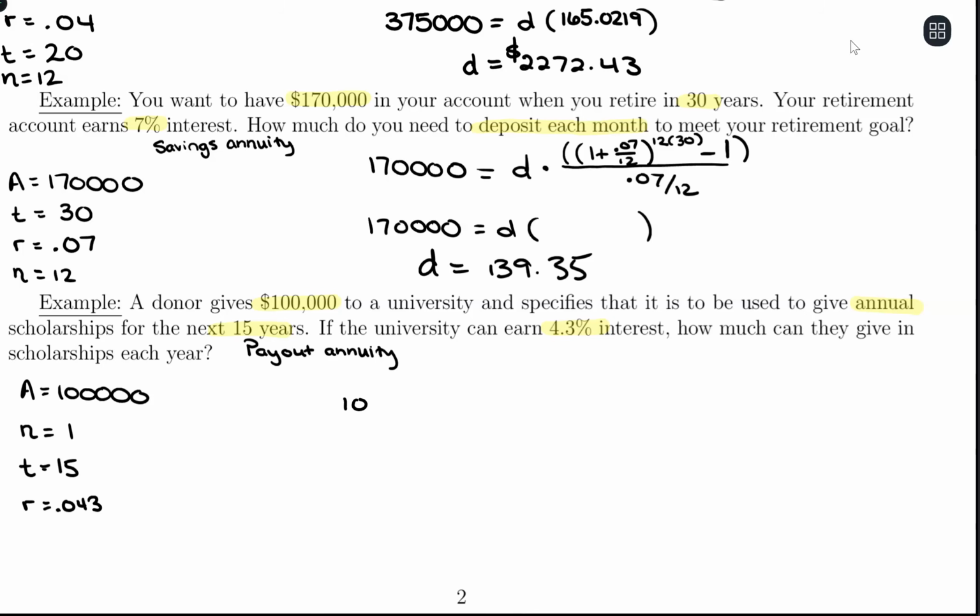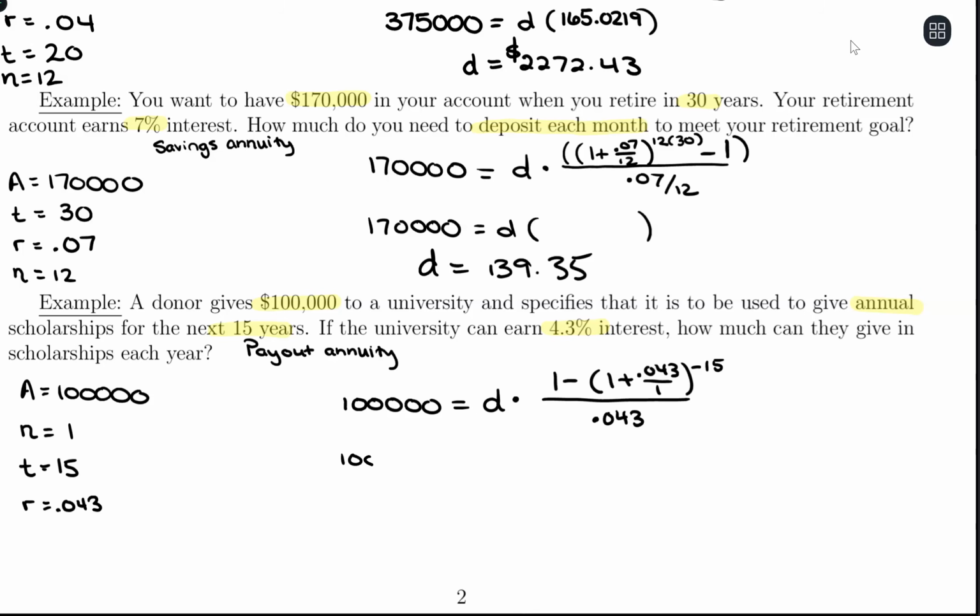So 100,000 equals D times, and then we're going to have 1 minus, and then in parentheses 1 plus 0.043 over 1 to the negative 1 times 15, all over 0.043 divided by 1.